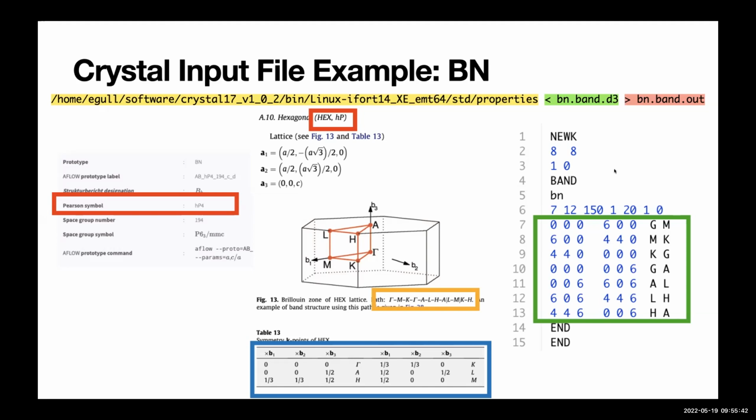Okay, and the keyword NEWK tells the program to conduct an eigenvector calculation. The second line is the shrinking factor for the reciprocal space. We are running an A by A by A calculation, so I put A. And line 3 is telling the program to compute the Fermi energy.